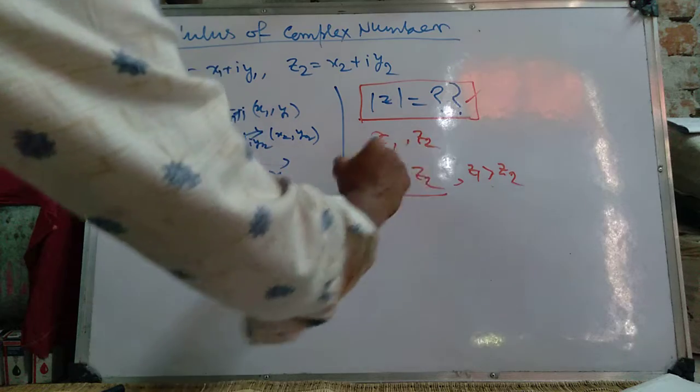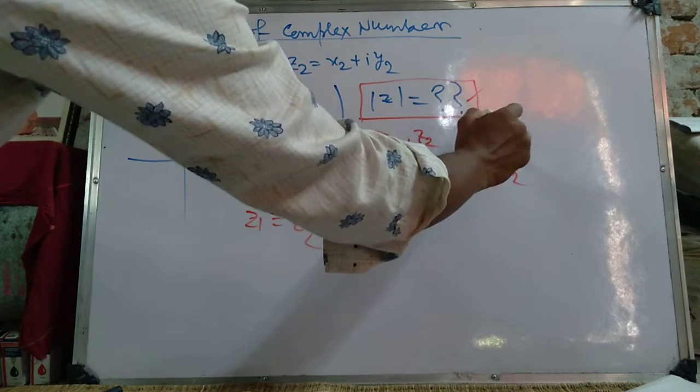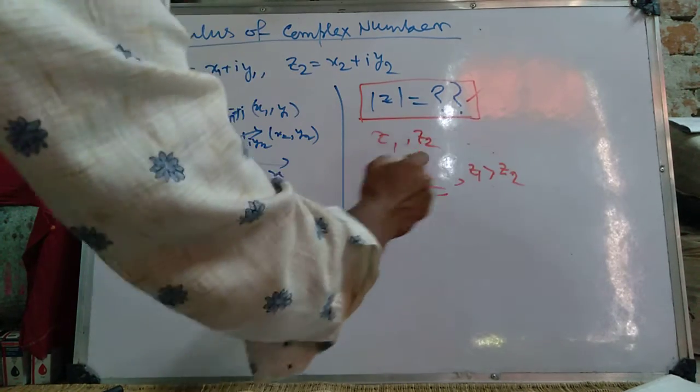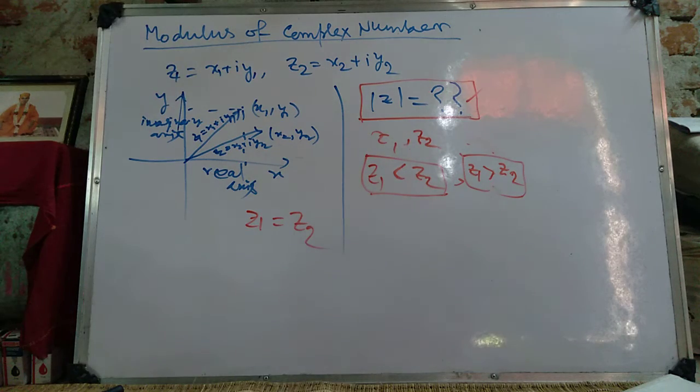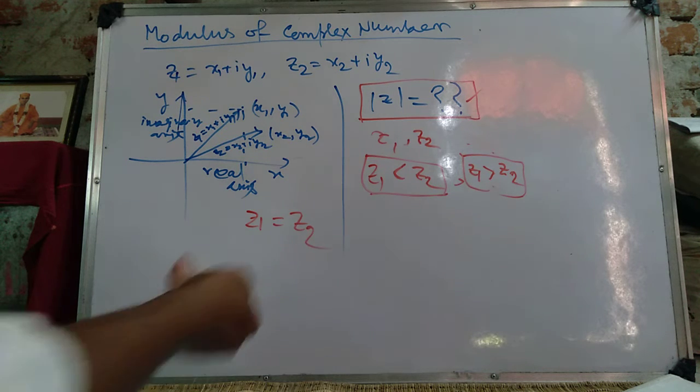But we can't write z1 less than z2 or z1 greater than z2 in this way. So what do we do? We use the help of the modulus.